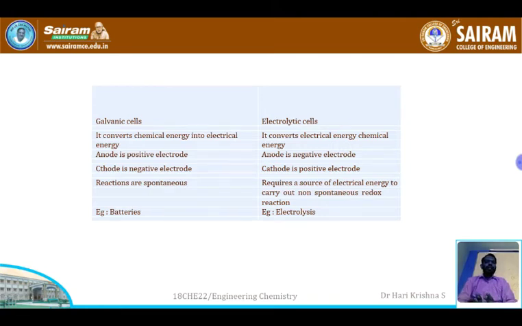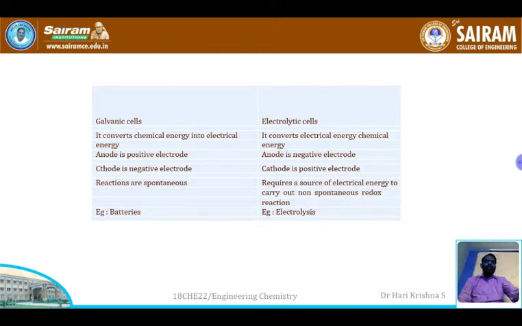In a galvanic cell, the anode is positive; in an electrolytic cell, the anode is negative. In a galvanic cell, the cathode is negative; in an electrolytic cell, the cathode is positive. The reactions are spontaneous in a galvanic cell. Electrolytic cells require a source of electrical energy to carry out non-spontaneous reactions. Galvanic cells are batteries, whereas electrolytic cells are the electrolysis process.